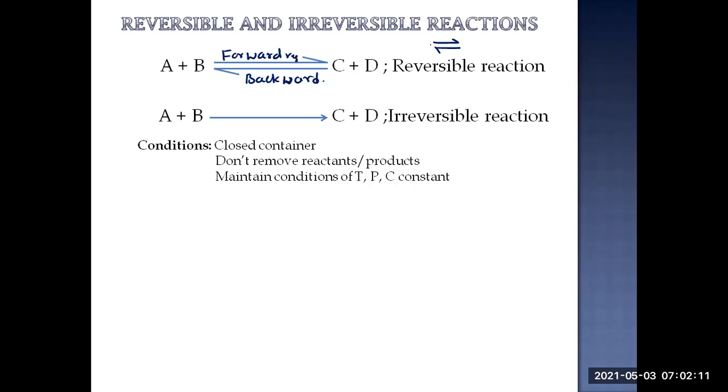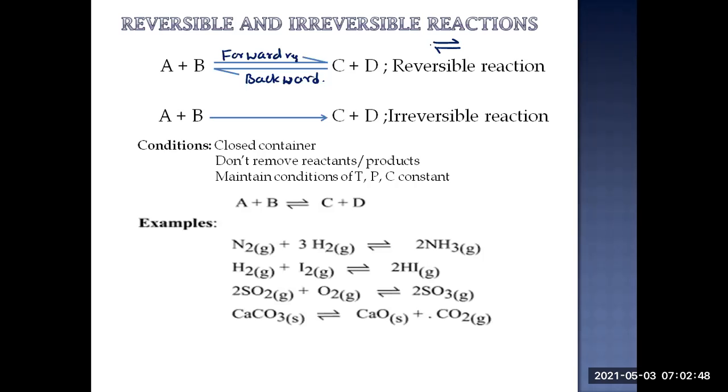And you should not remove reactants and products by any way. As far as possible, maintain conditions of temperature, pressure, concentration, TPC, constant, because when these conditions change, the reversibility will be affected. Under these conditions, you can carry out a reversible reaction for a long time and sustain it. Okay.